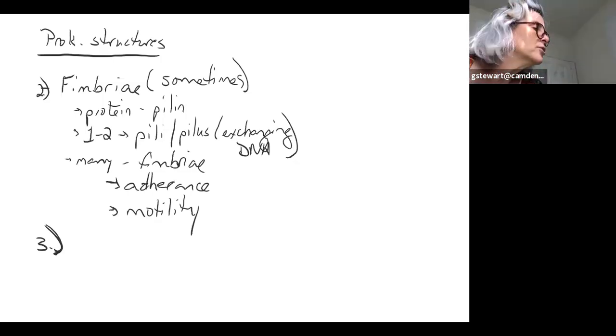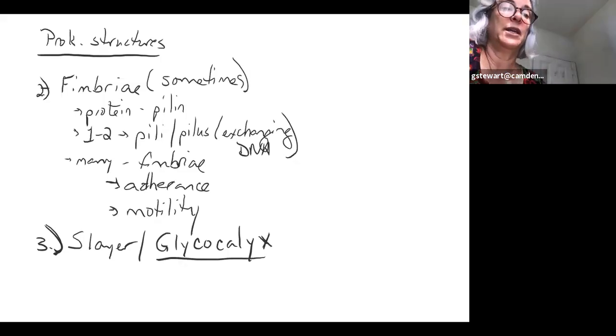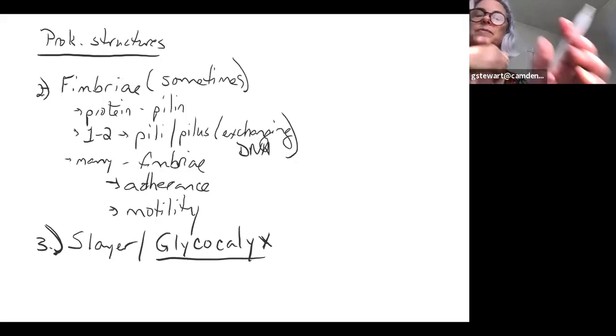All right, the third structure, we're calling it the S layer and the glycocalyx. Glycocalyx is the old-fashioned term for it, which is why that's what you'll see on the handout that I gave you. We're calling it the S layer now because it's more commonly known that more bacteria form slime layers.